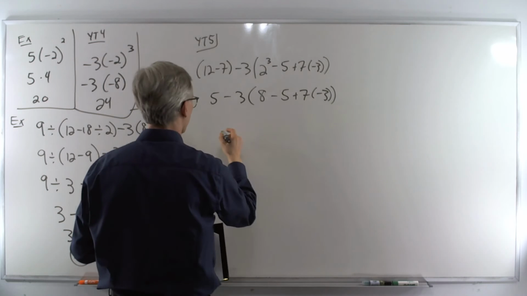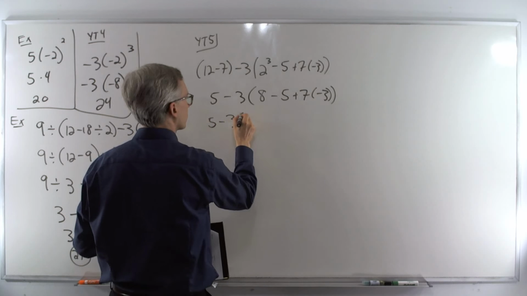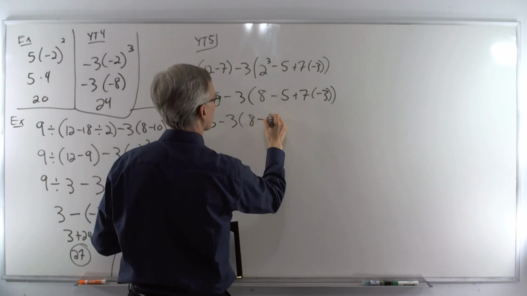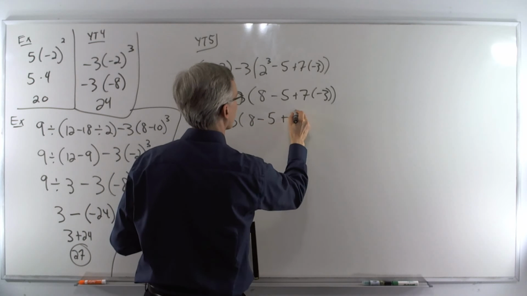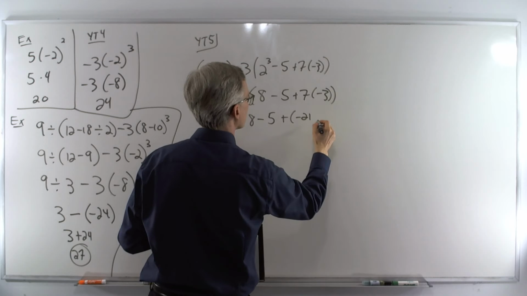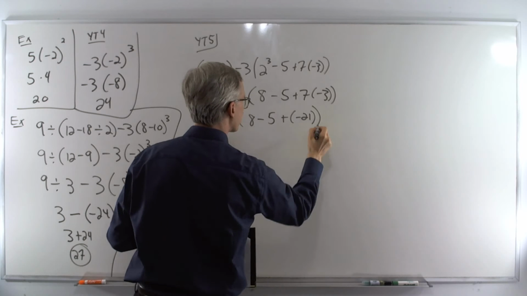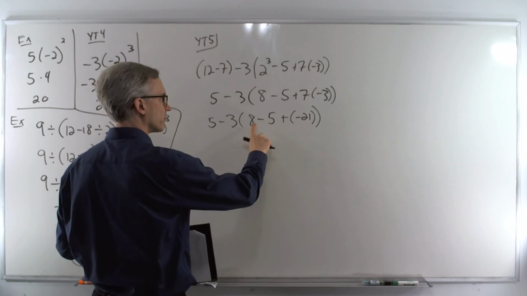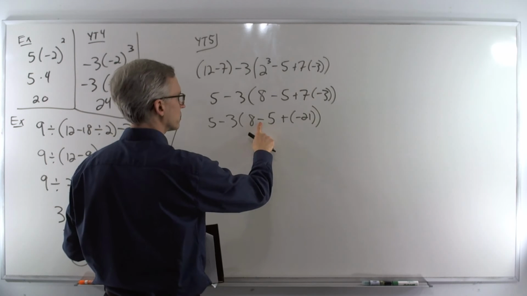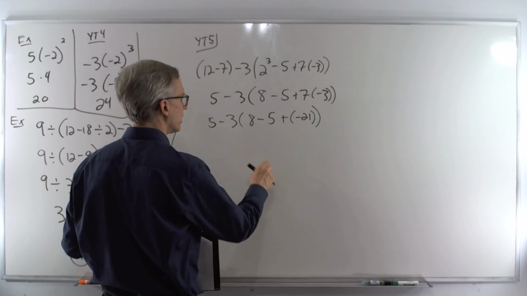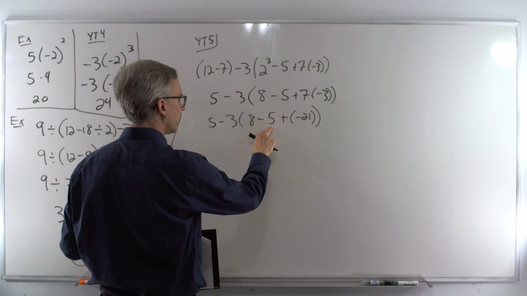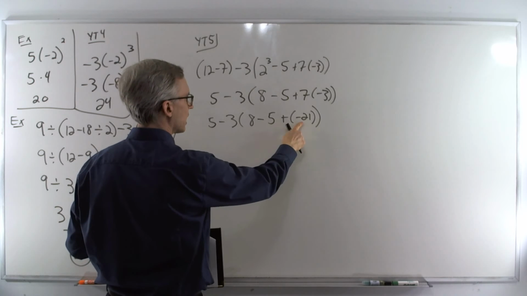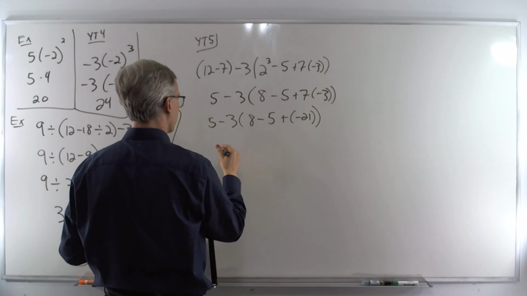So we do multiplication next. Negative 3 times 7 is negative 21. And now we're down to all level 4, subtraction, addition, so we'll just do all of these. 8 minus 5 is 3, plus negative 21 is negative 18.